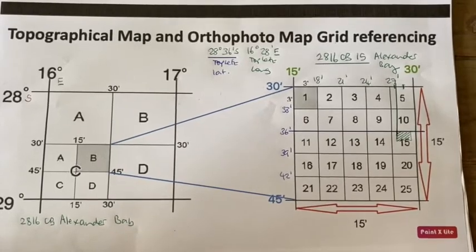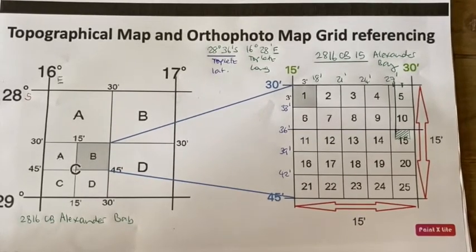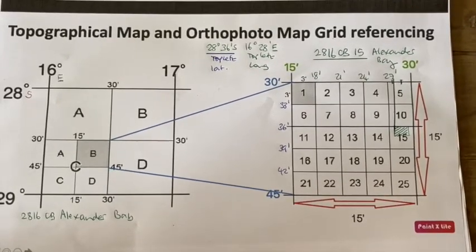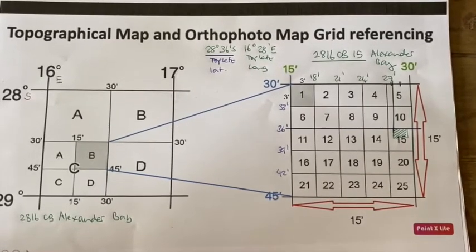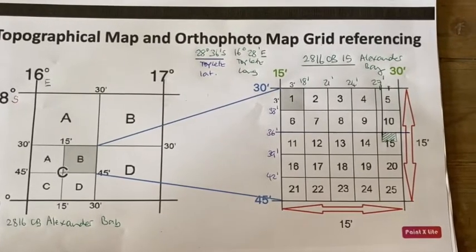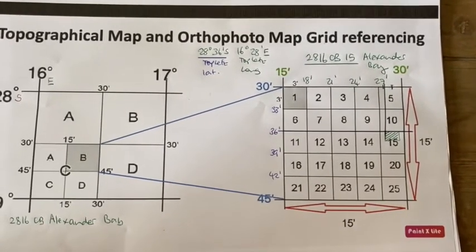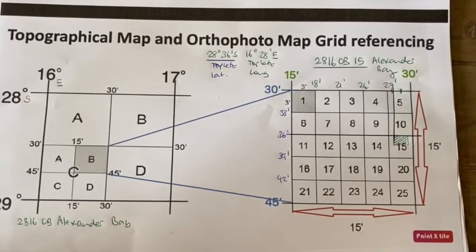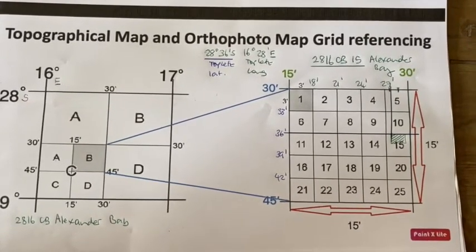Each of these little blocks represents 3 minutes of latitude and 3 minutes of longitude, and you can see I've labeled them in there latitudinally as 30, 33, 36, 39, 42, and 45, and then the longitude lines are 15 minutes east, 18, 21, 24, 27, and 30.